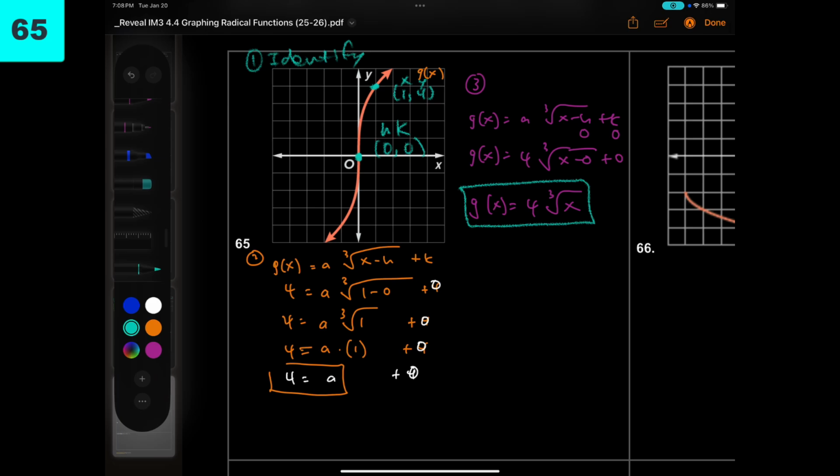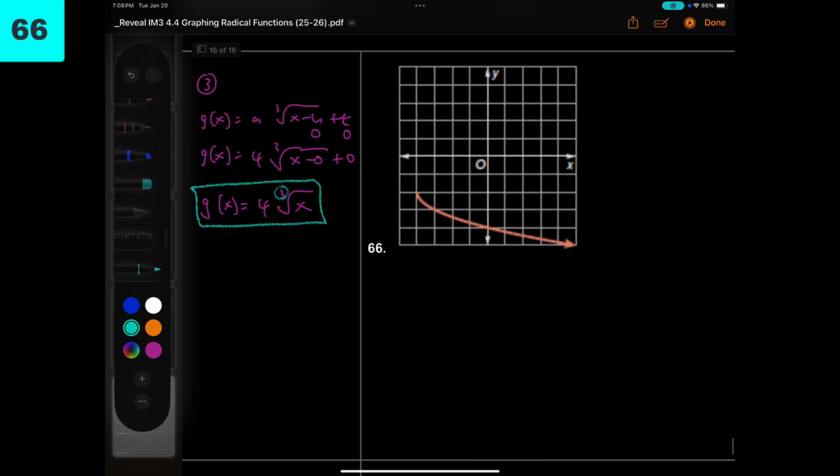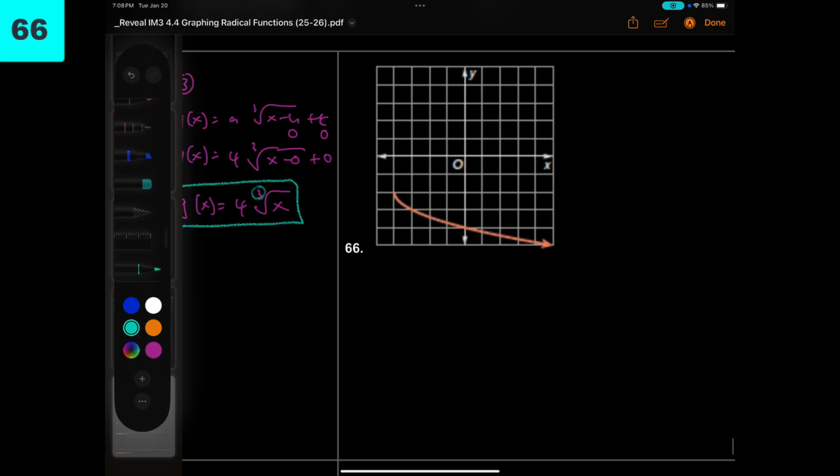Okay, so for this one, we know our index again is odd. 3 is a common one, could be a 5, but it's not even. So if you look at number 66, you'll notice a couple of things. You're first going to notice that it's being flipped. Okay, we should recognize that one.